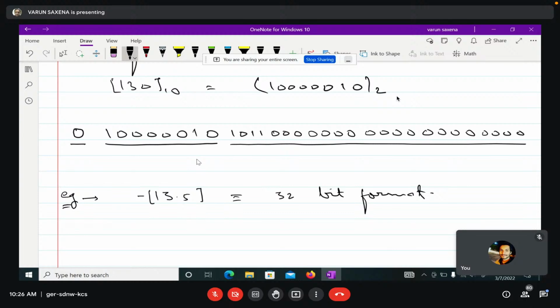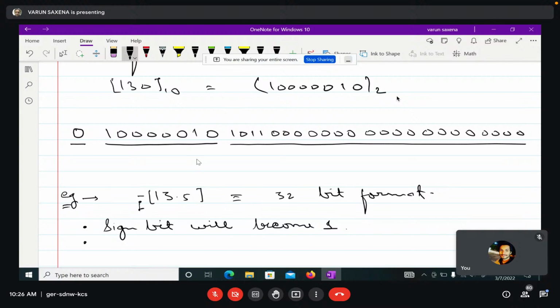There are really just two differences between storing a positive number and a negative number. The first thing is, of course, that the sign bit is going to become 1. That is the first difference.